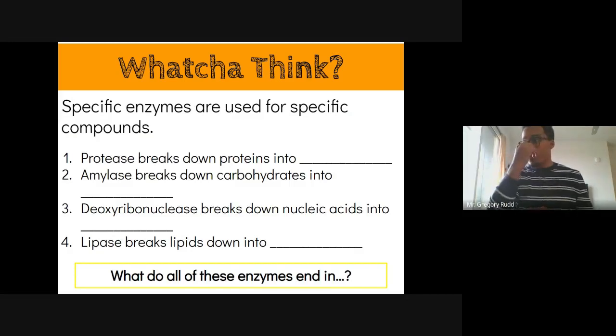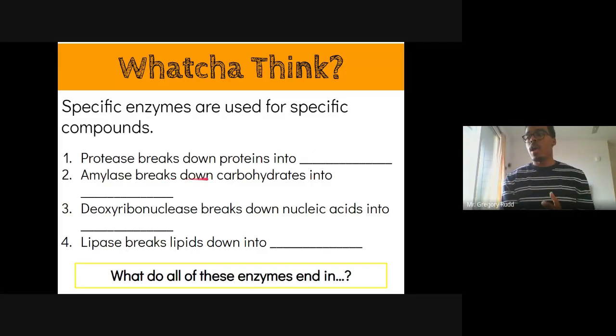So for example, in this first one, an enzyme called protease breaks down proteins into what? What is the amino? I'm sorry, I just said it. Amino acids, right? Because amino acids are the monomers of proteins. So protease is an enzyme that breaks down proteins into amino acids. It breaks them down into their monomer.